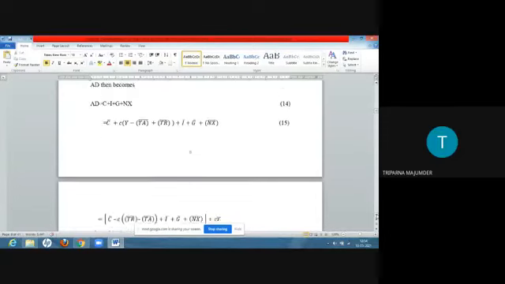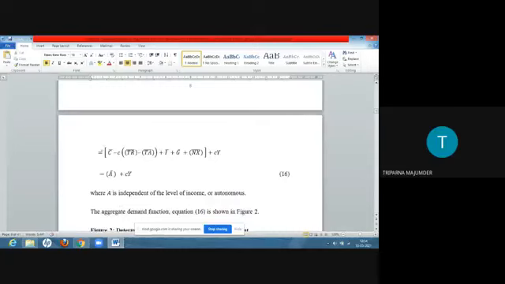So we have something like this, where we have collected all the terms which do not vary with the level of income and put them within this square bracket, and just CY outside the square bracket.